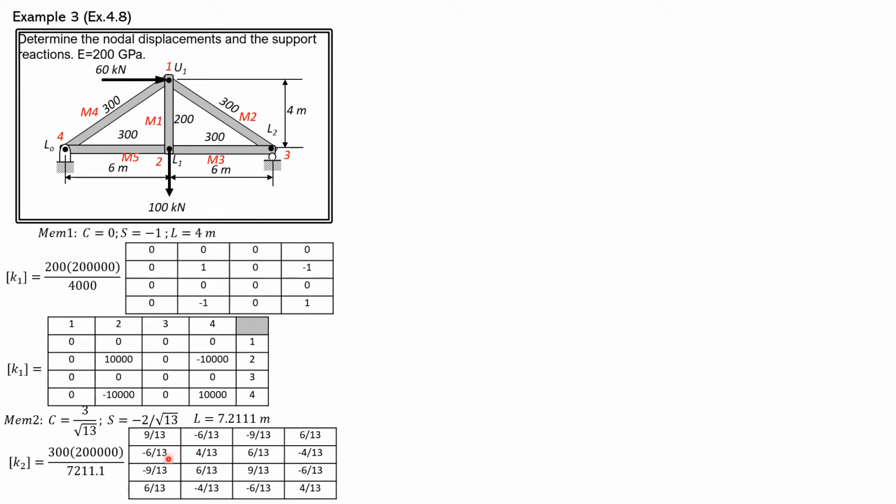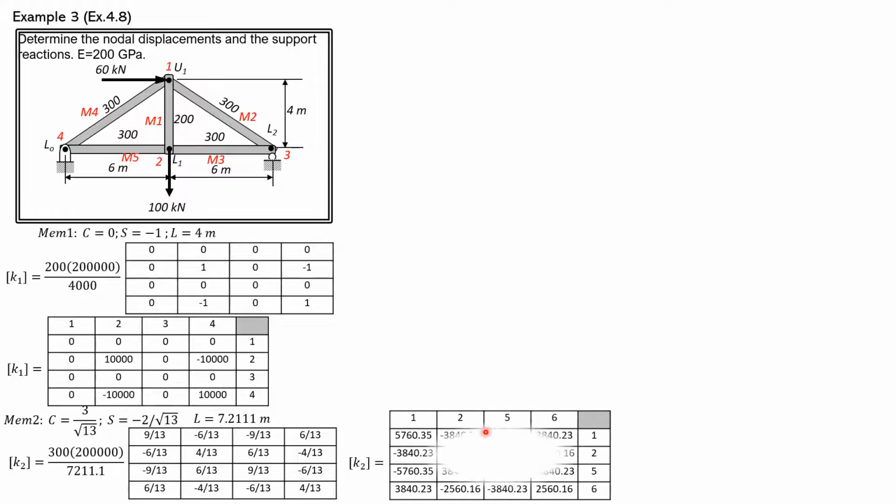Then this is CS, you just copy, S square is the square of negative 2 over square root of 13, which is 4 over 13, then their negatives here, then copy that. Then member 3, so K2, considering this value here, would be equal to these values here. So 1256.